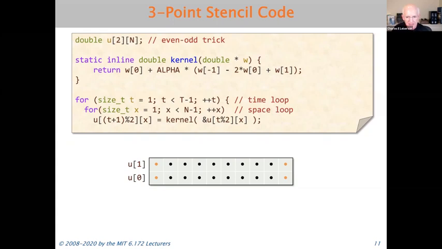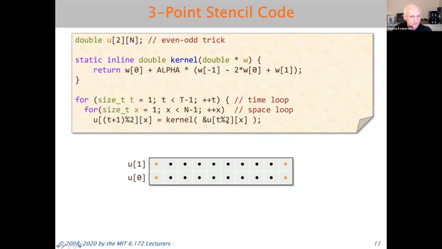Its argument is a pointer W to the array element that we want to update. And so, for example, we're giving it a pointer here to the cell that we're trying to update.